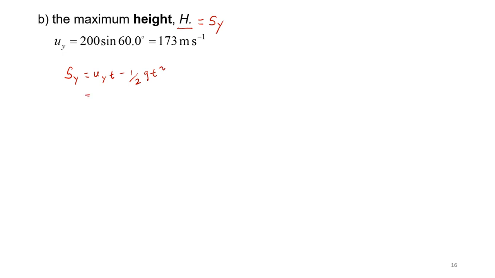Substitute Uy 173 multiply time 17.6 minus half multiply G 9.81 multiply time squared 17.6, and then we get answer 1525 meter.